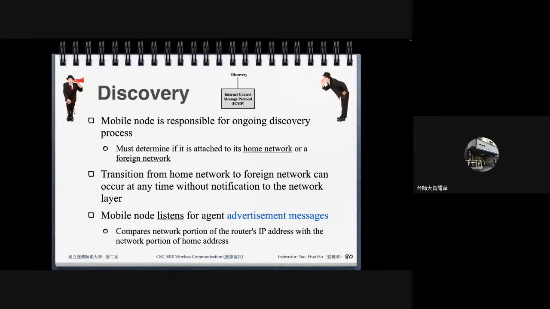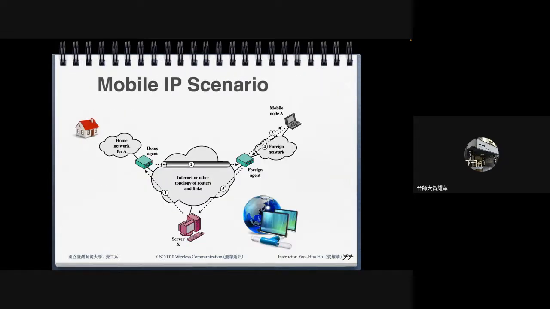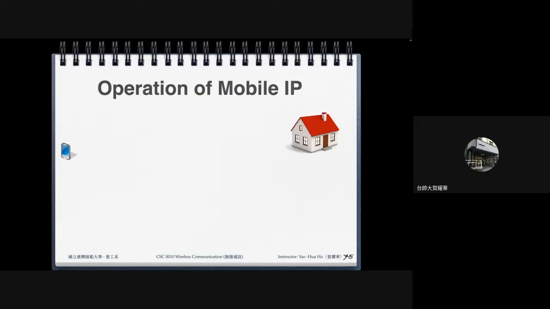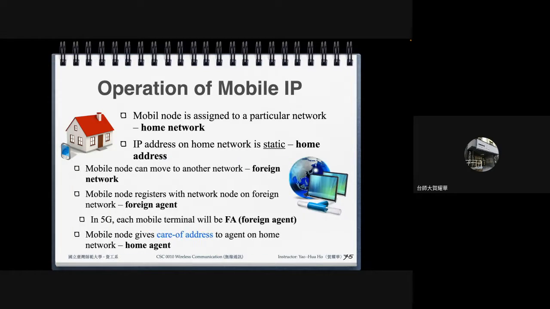If you take a look at this scenario, you have a home network with a home agent. The home address on the home network is static. And you have a foreign network. If you move to a foreign network, you will register yourself with a foreign agent.